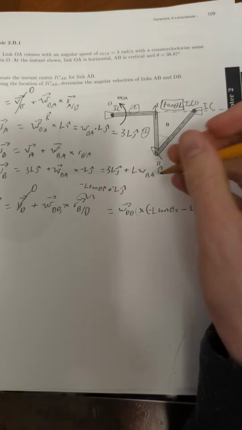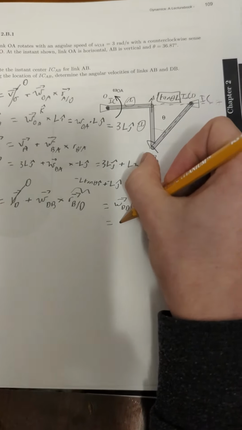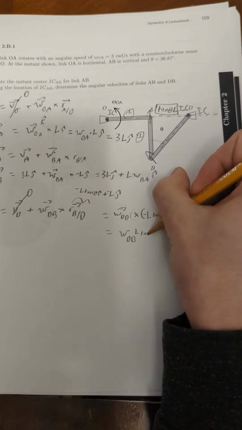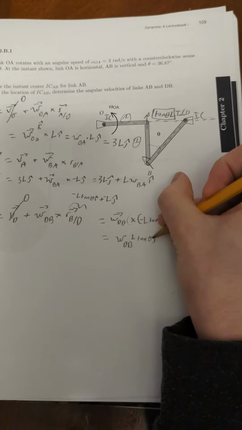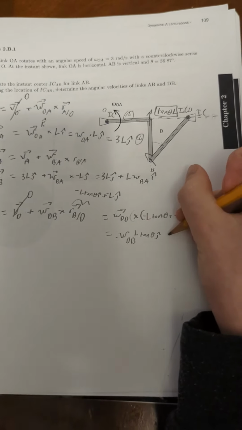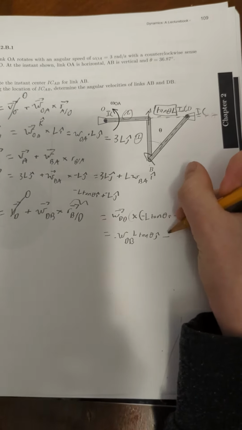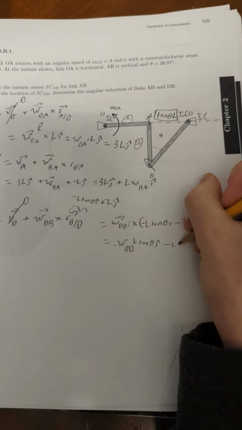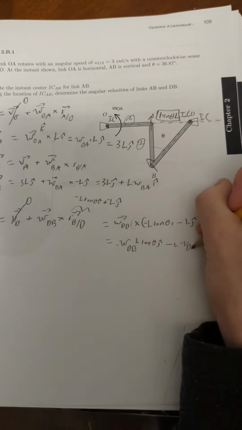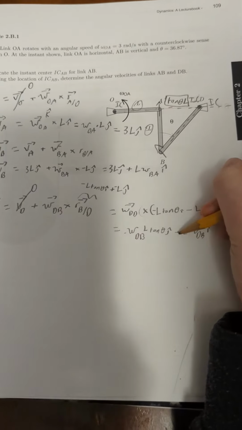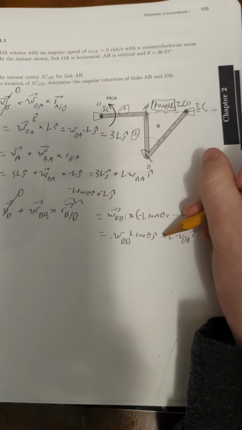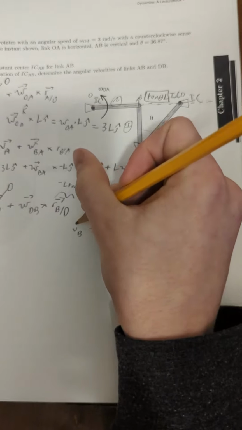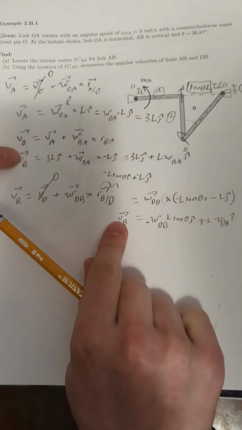Doing that cross product, we get omega DB L tangent of theta J and L omega DB I, which would be positive. That is equal to VB, and now we just set both of our VBs equal to each other.